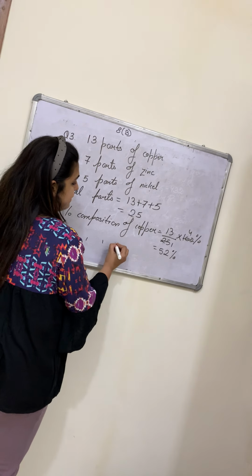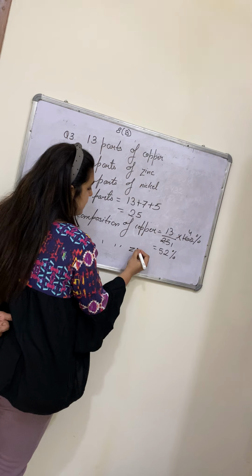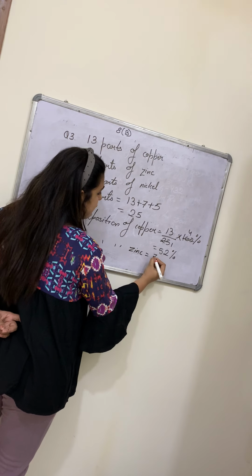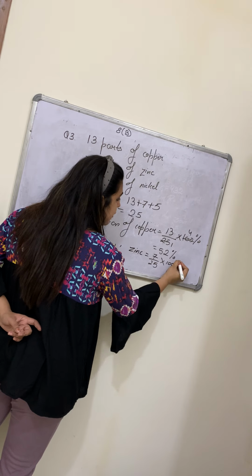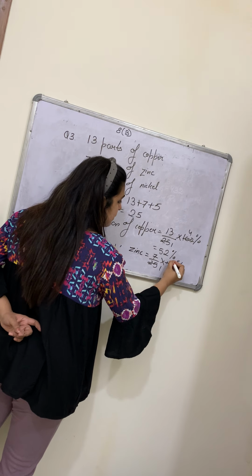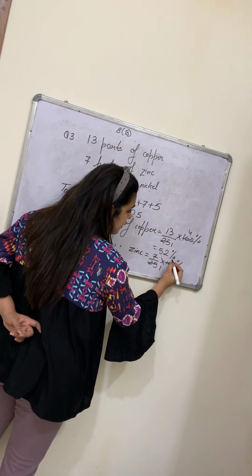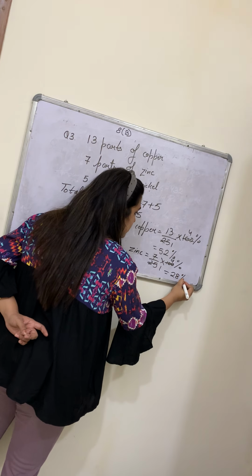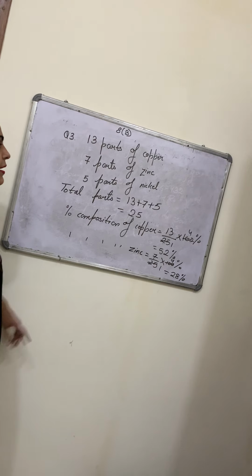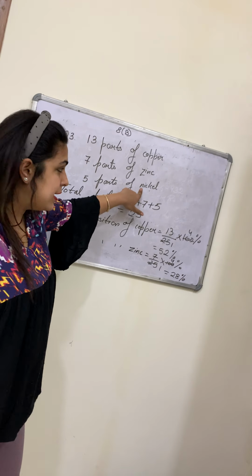Similarly, you can calculate the percentage composition of zinc. That will be 7 upon 25 into 100%. Again, this will be 4, and 7 fours are 28%. And similarly, you are going to calculate for nickel.